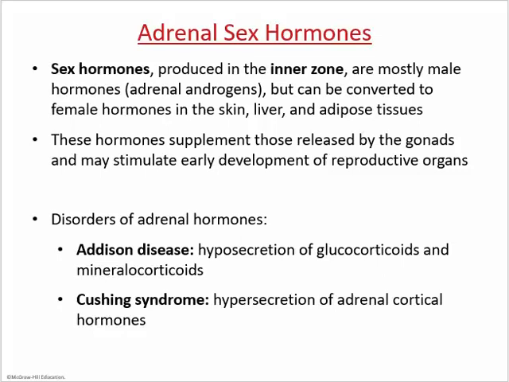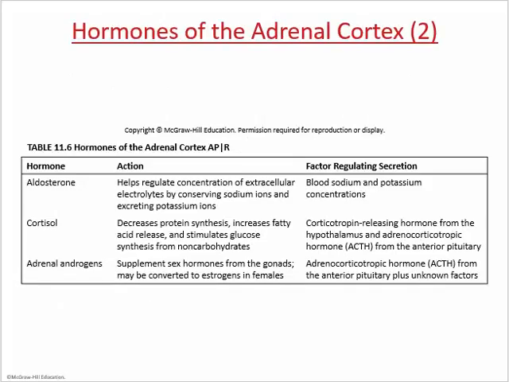It's what gives libido, it causes puberty, it causes growth, and especially of the secondary sexual characteristics, etc. And there's various disorders, but we don't really care. So aldosterone is a mineralocorticoid, cortisol a glucocorticoid, and the androgens, which are supplemental sex hormones.